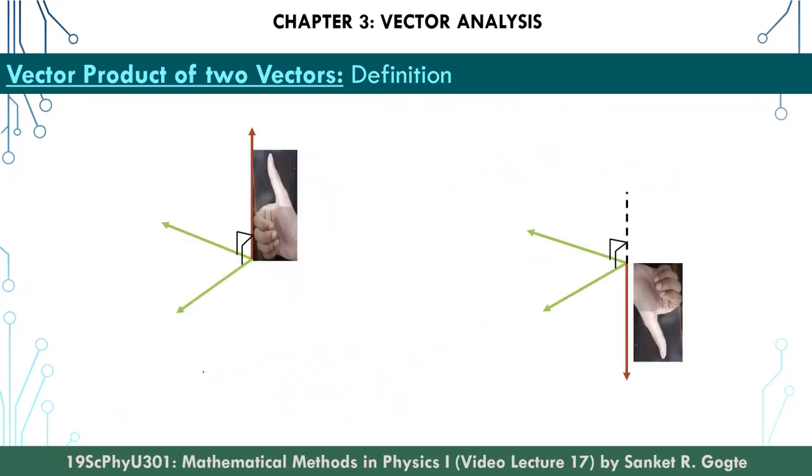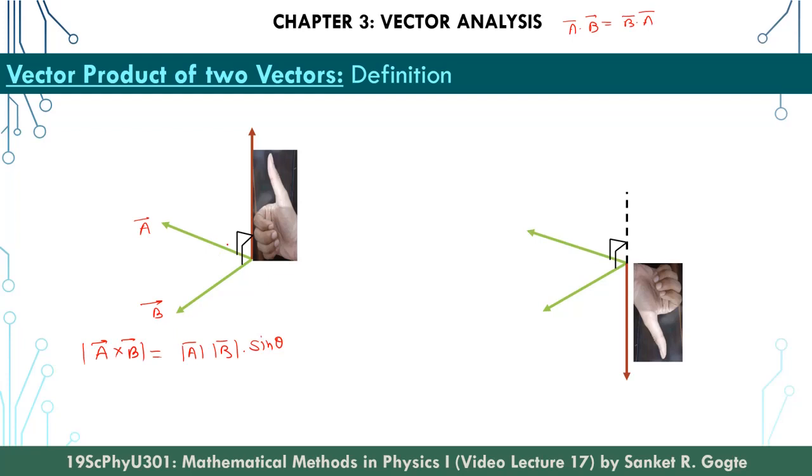When we defined the dot product of two vectors, we saw that A dot B is equal to B dot A. Now let's see whether the vector product commutes or not. Suppose this is vector A and this is vector B. Now A cross B has magnitude equal to mod A into mod B into sine theta, and the direction is given by the right hand thumb rule.